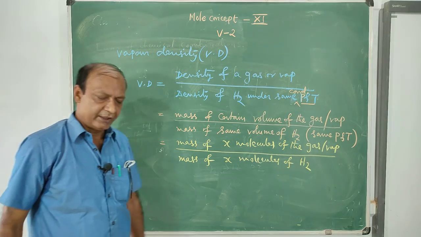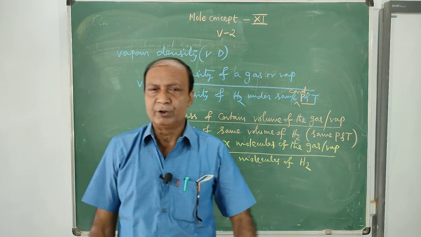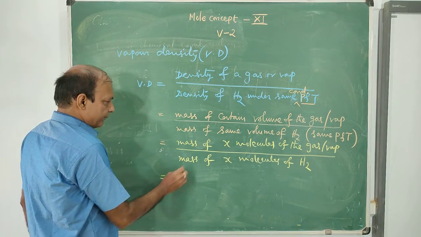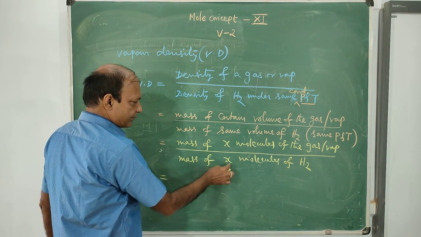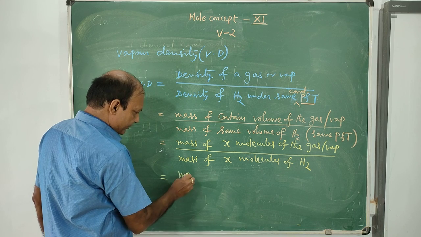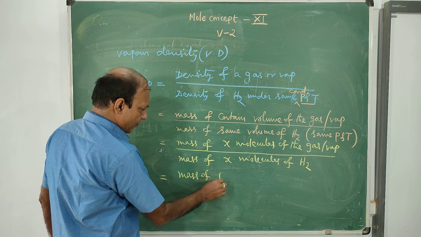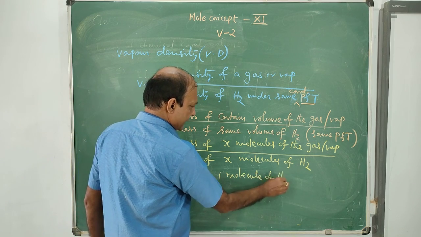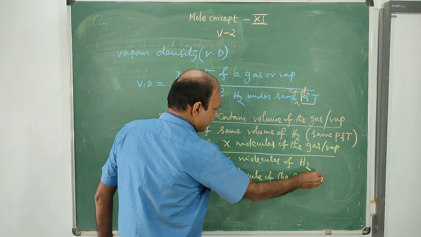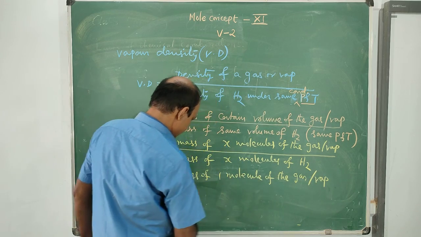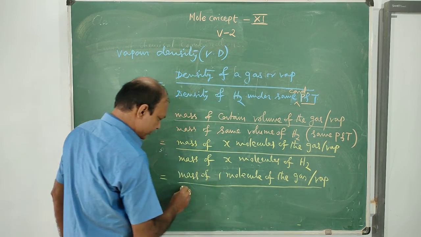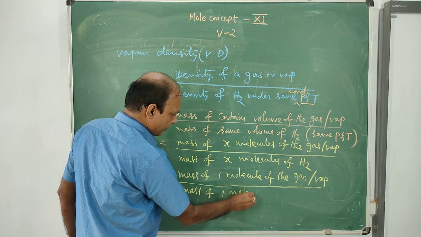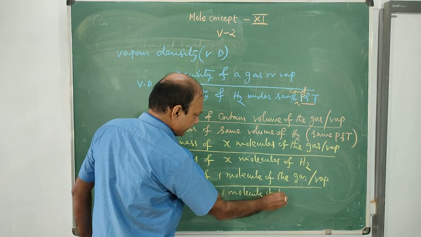Now the condition of pressure and temperature is over because we have come to the number of molecules. Now X cancelled. Therefore you can write mass of one molecule of the gas or vapor by mass of one molecule of hydrogen.